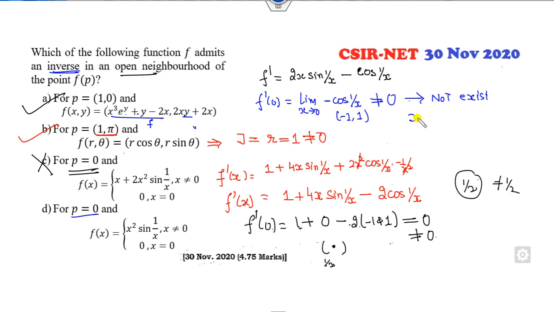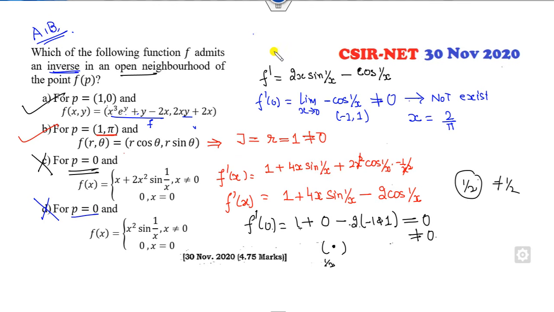So if I choose a value of x near to 0, like when it will be 0, when it will be pi by 2. So if I choose x to be 2 over pi, then it will be my 0. Fine. So it means for this case it will not be satisfied. Hence the right answers are A and B, my correct options.